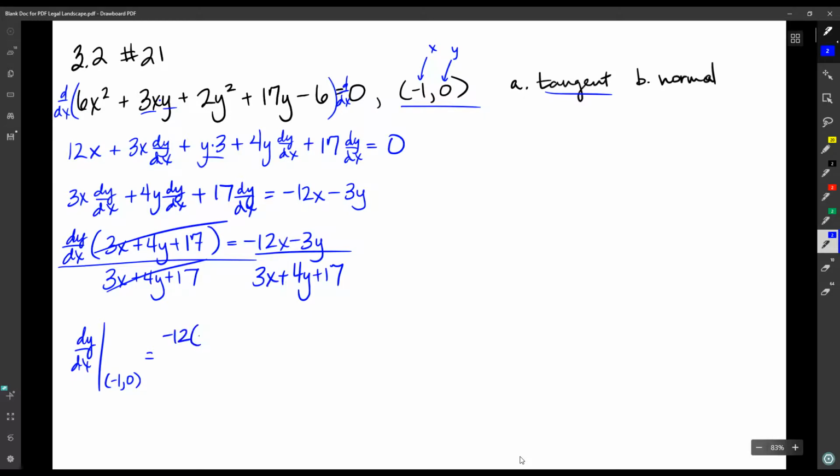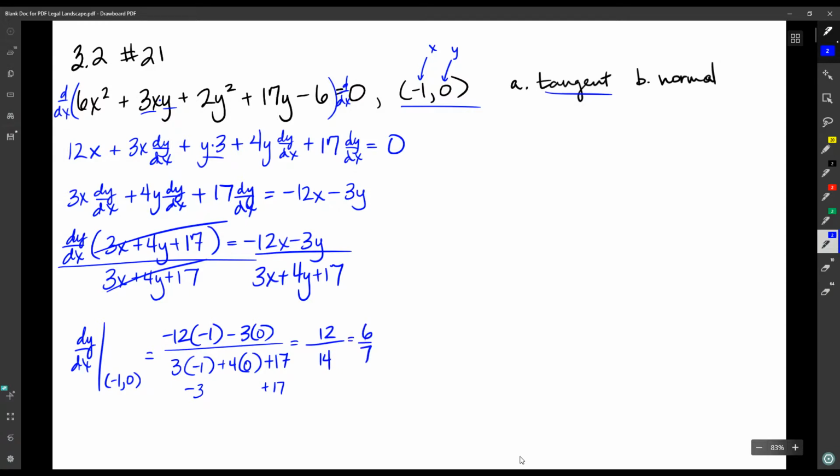That'd be -12 times the -1 minus 3 times the y value of 0, over 3 times the x value of -1 plus 4 times the y value of 0 plus 17. So in the numerator, we're going to have a 12. In the denominator, we're looking at -3 plus 17, so I see a 14, and that's going to reduce to a 6/7.